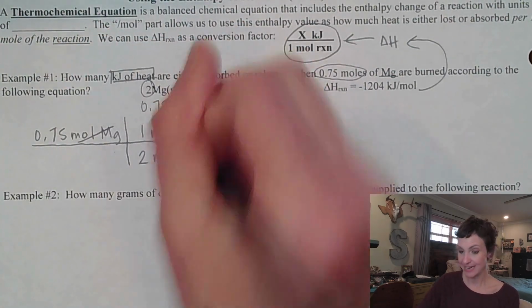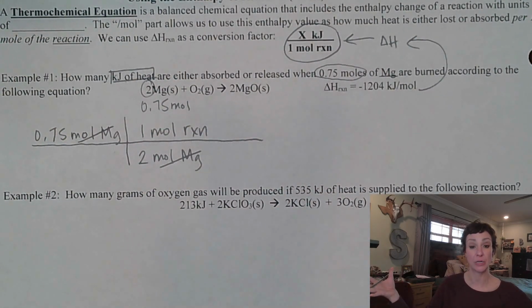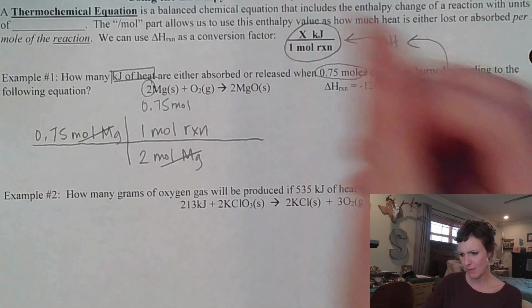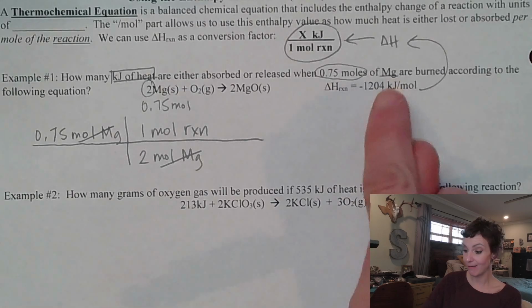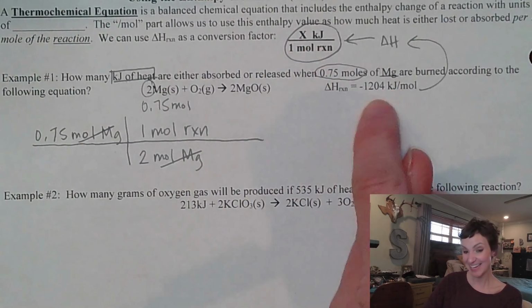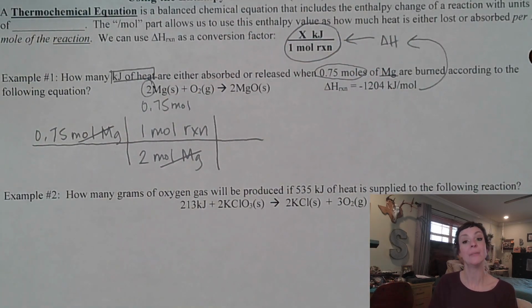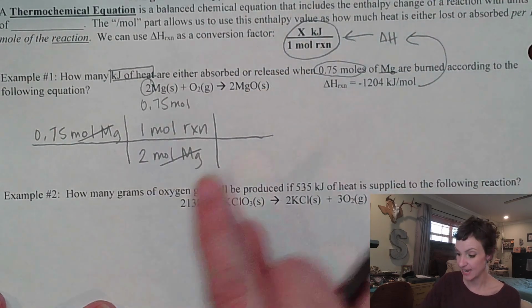I do that because now I cancel off. Now I'm just looking at what the reaction is going to do for me, not somebody specific within the reaction. I need to find how many kilojoules of heat energy are released or absorbed. I can write this to convert from moles of the reaction to how many kilojoules of heat or energy are experienced in this chemical reaction.